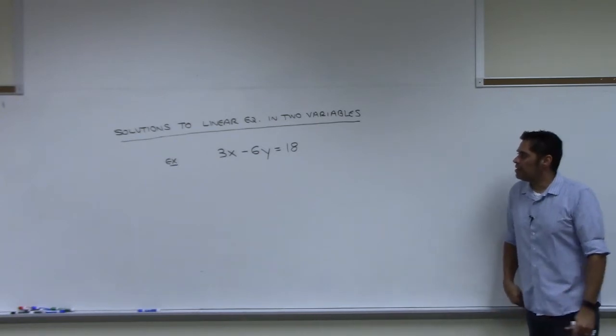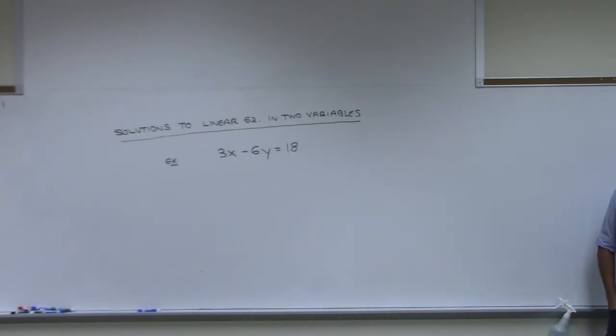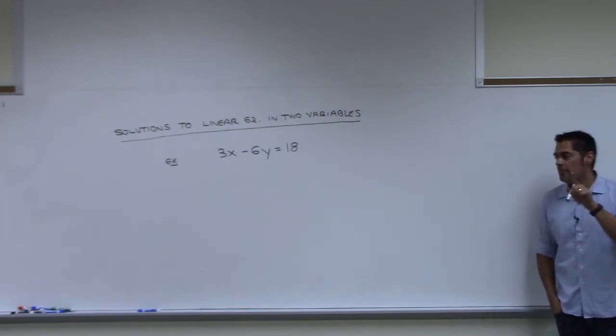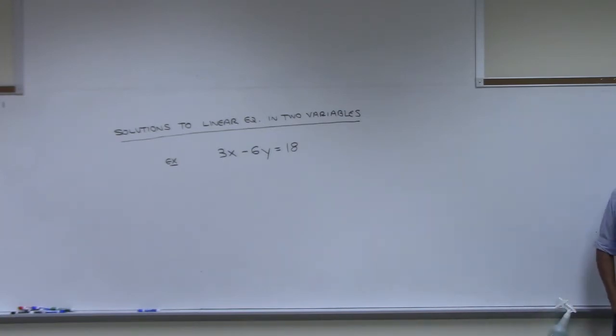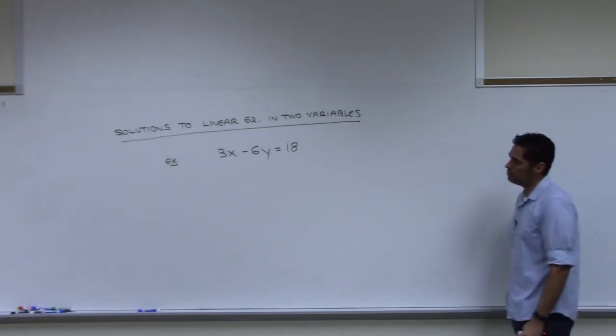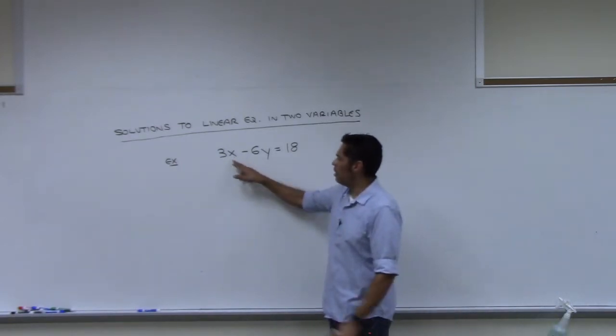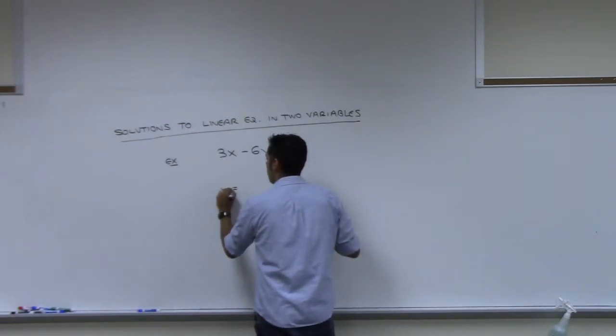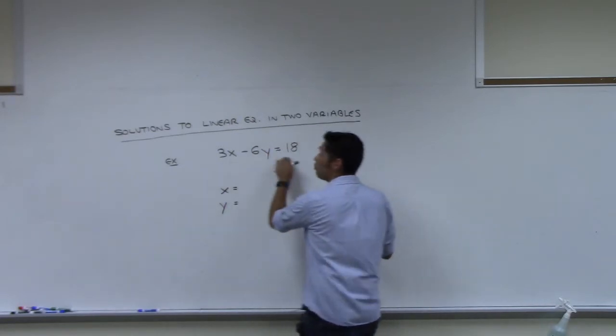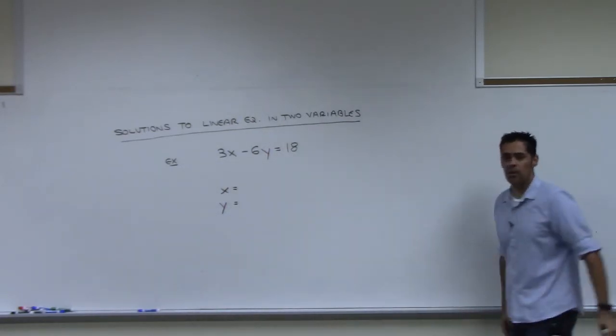So when we look at this, I'd like you to see if you can just visually look at that and give me an x and a y that would satisfy that equation. So give me a value of x that I could plug in here, and then a value of y that would make this true, that would equal 18 after you plugged it in.